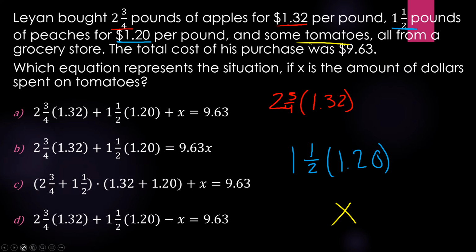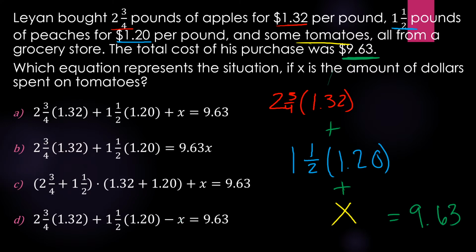But I do know that he spent a total of $9.63. So when you go to the grocery store, you're adding together everything that you're buying, right? I'm going to take my apples and add that to how much I have to pay for my peaches, and I'm going to add that to how much money I have to spend on my tomatoes. So I'm adding all of these together, and it's going to equal my grand total of $9.63 at my grocery store.